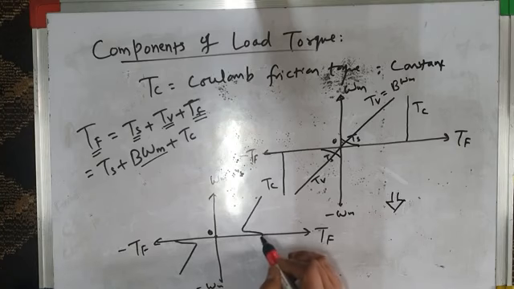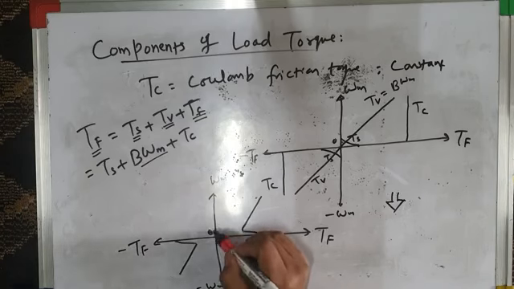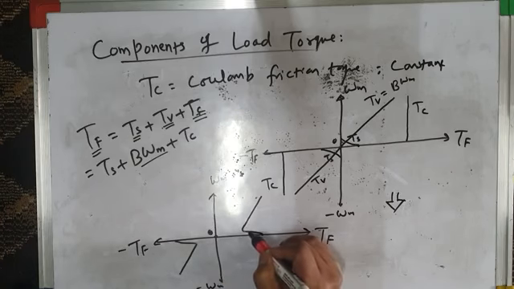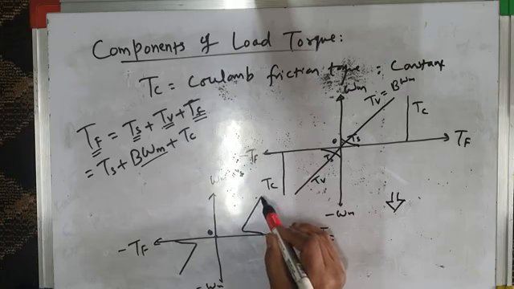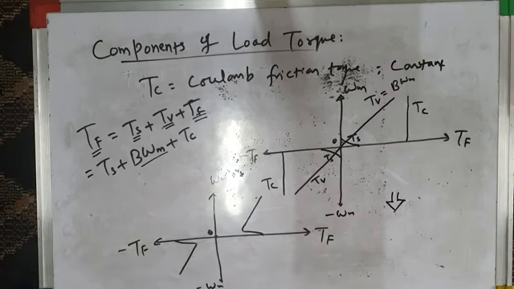So at standstill, a large amount of torque is to be developed by the motor to overcome this friction torque. And then as the motor accelerates, you can see this static friction torque decreases, and then it linearly increases with speed in first quadrant as well as in third quadrant.